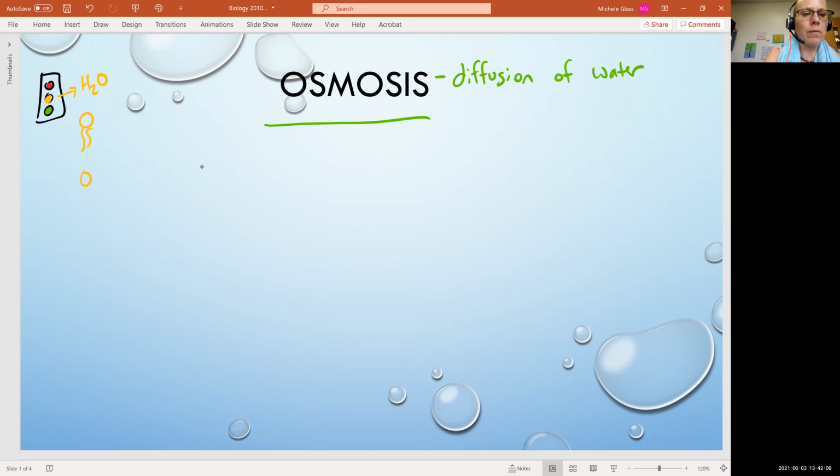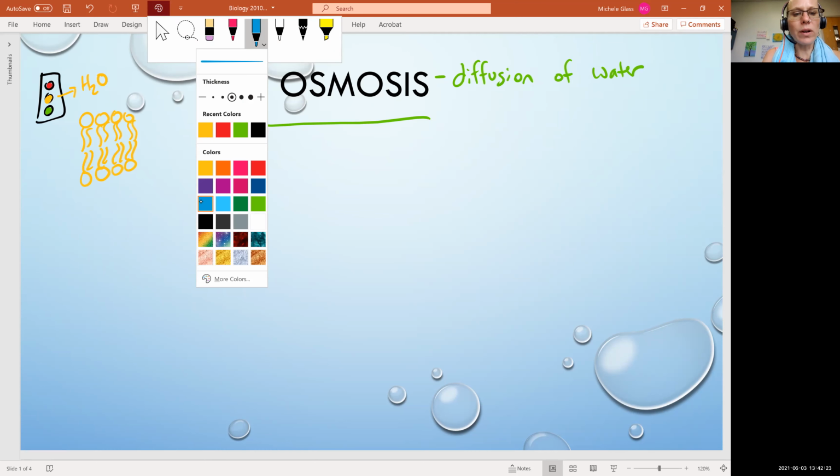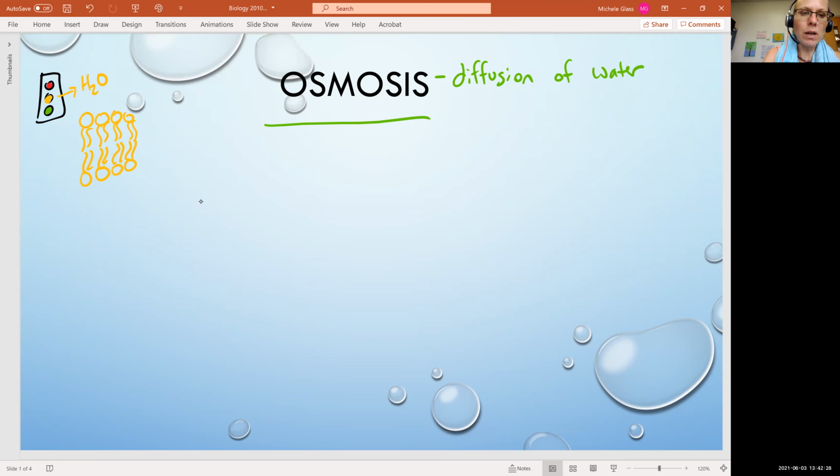It doesn't really want to go through the phospholipid bilayer. So I'm going to draw my quick draw of my phospholipid bilayer with my heads oriented on the outside and my phospholipid fatty acid tails on the inside. And what we see is that water is polar. It does not want to go through, but it's tiny. And so it can go through.